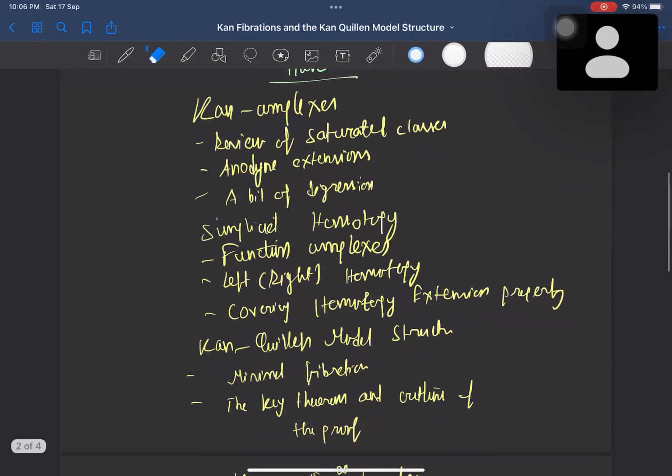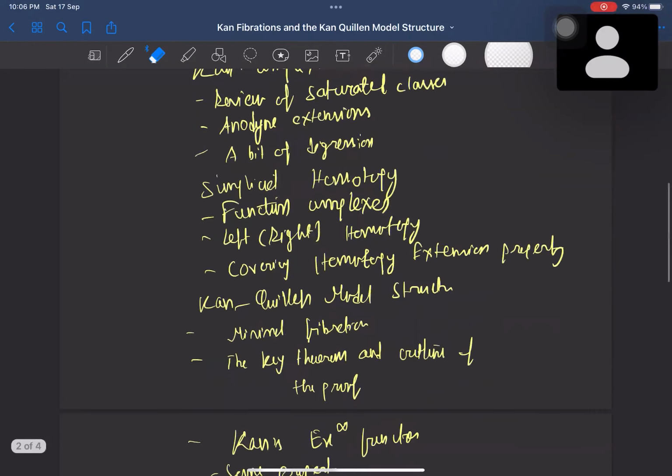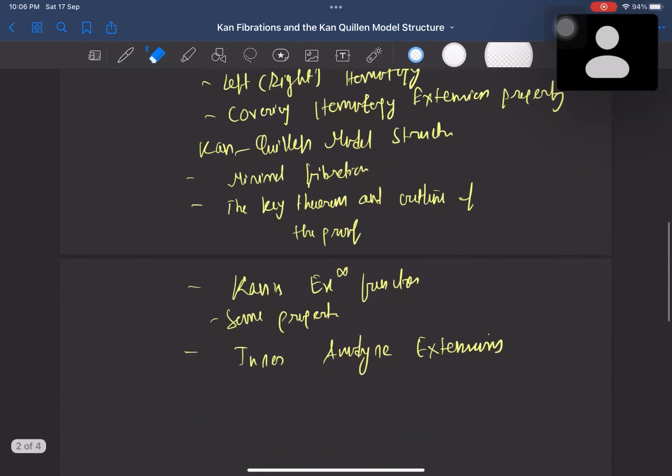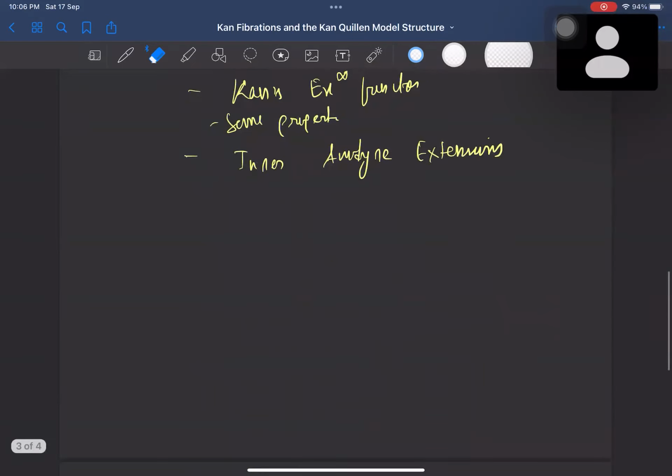Then I'll give a recap of things we have already worked on, and I'll also talk about the X infinity factor and then anodyne extensions. So it's basically the first two sections of the first chapter.